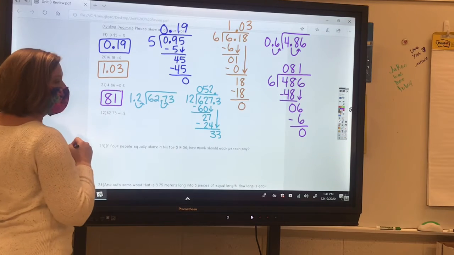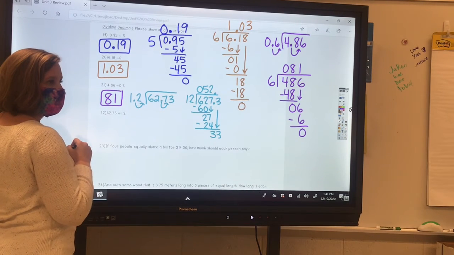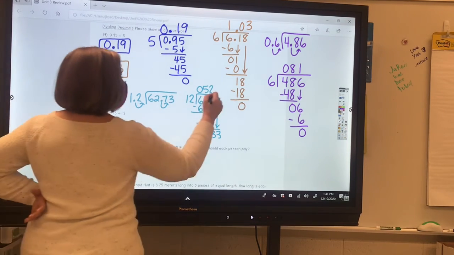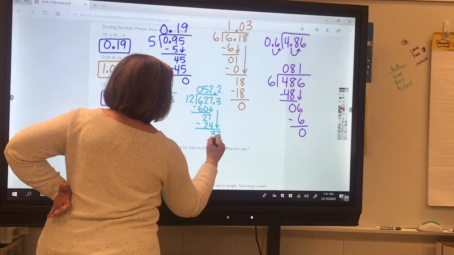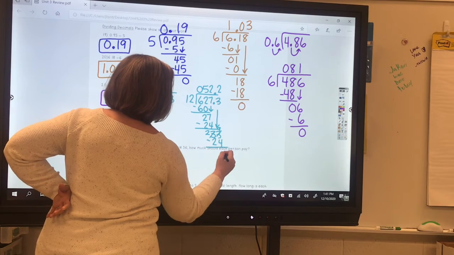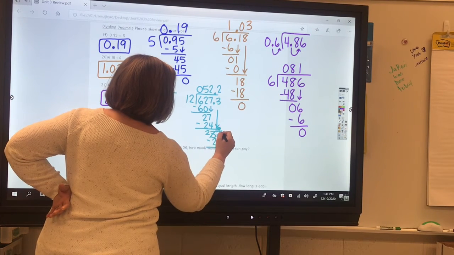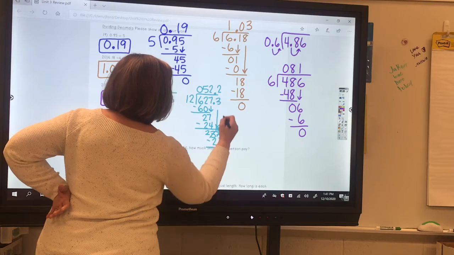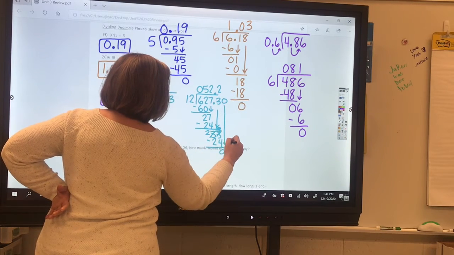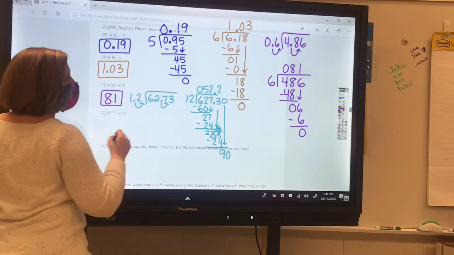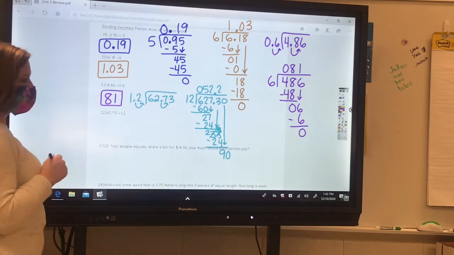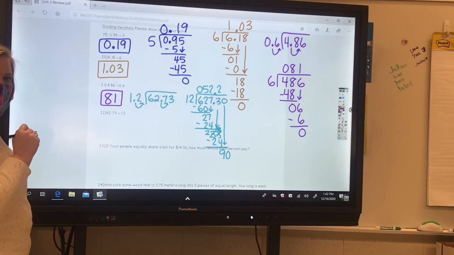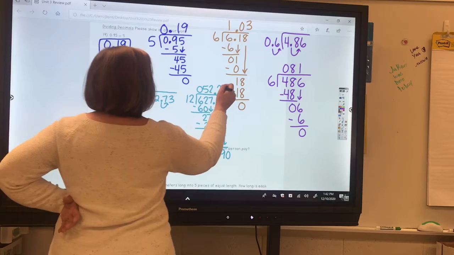How many times will 12 go into 33? 2. 2 times 12 is 24. Can we have a remainder of 9? No, so I add a 0. How many times will 12 go into 90? Start at 7. 7 times 12 is 84.